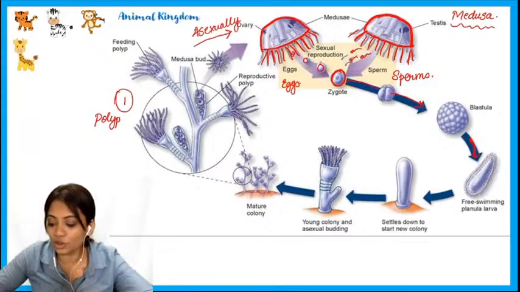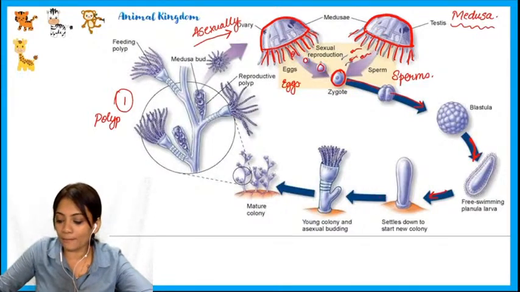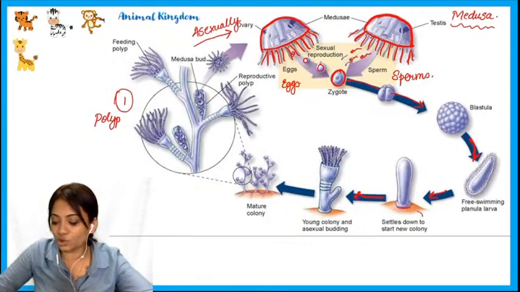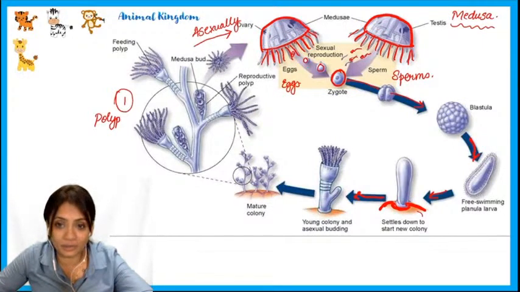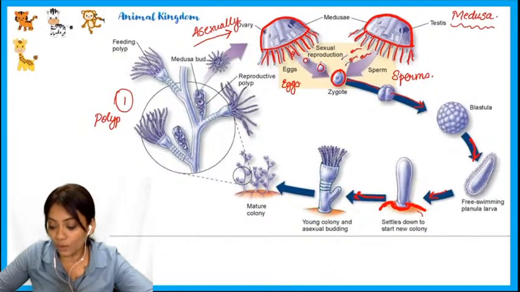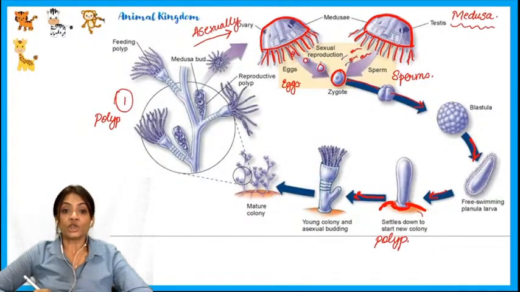And as it is growing, it is going to come and get attached to a substratum. So now can you see over here how this zygote has attached to a substratum? Since it is attached to a substratum, may I say that it is a polyp form? Yes, so now what has happened? This has become a polyp.